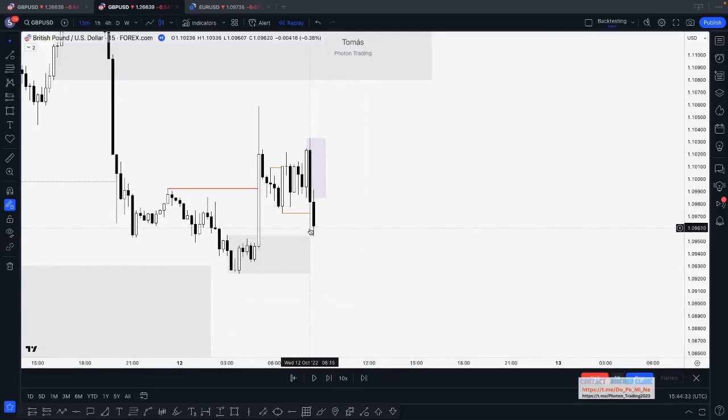You can see that price pushed up during the weeks, mitigated the PBL and pushed back down. I know that price never closes below. So if you are using body closure to see if the PBL did its job, in this case you could still try to get involved because this candle never closed below this one.